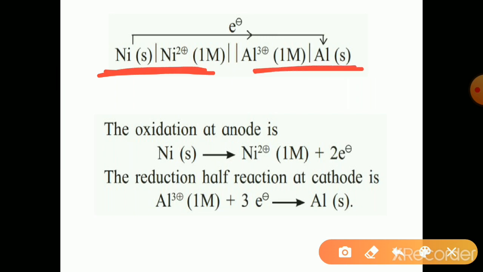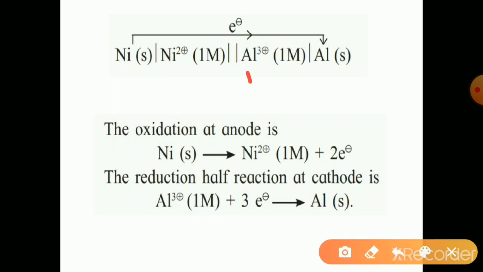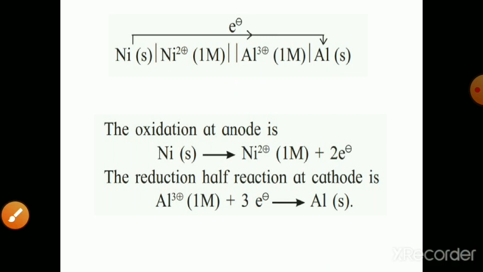The oxidation half, as it has two positive charges, means this species loses 2 electrons. As it has three positive charges, it means it gains 3 electrons per ion. Per ion it loses 2 electrons, per ion it gains 3 electrons.